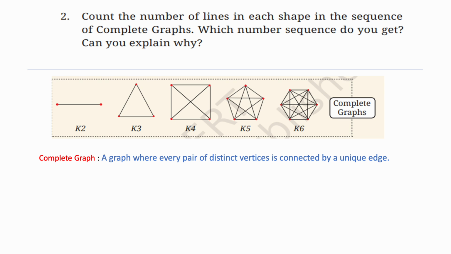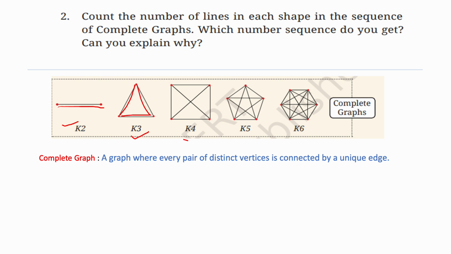See, here we have K2. K2 means two vertices, connected by a single edge. Then we have K3, three vertices connected by three edges.